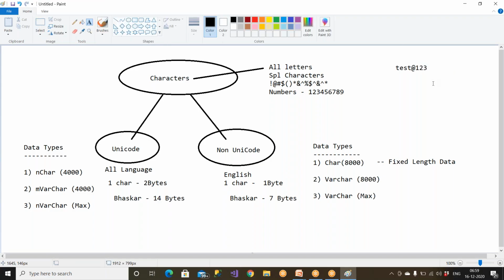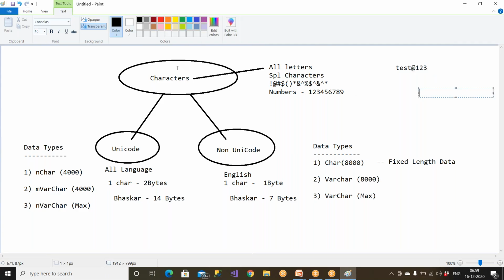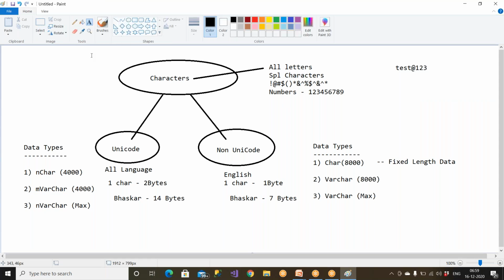According to the IT industry, integer means something else. I will discuss later. So characters support all these things. Remember this point. Clear? It supports all letters of all languages and special characters, and numbers are also included in the characters only.